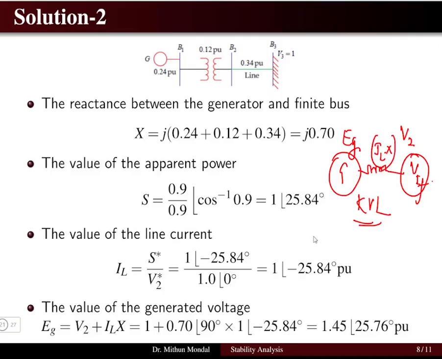These are all complex quantities, so we substitute appropriately to determine the generated voltage, which is 1.45 angle 25.76, in per unit system.